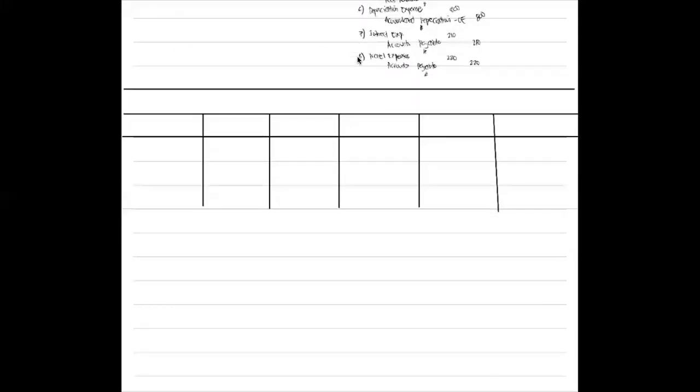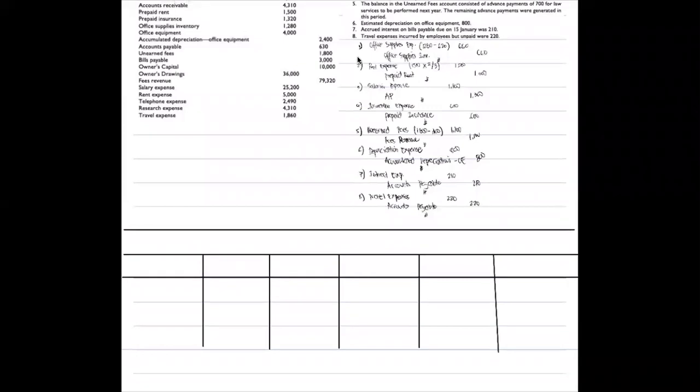Okay, so let's say this is our worksheet. So this is the account title. This is the unadjusted trial balance.